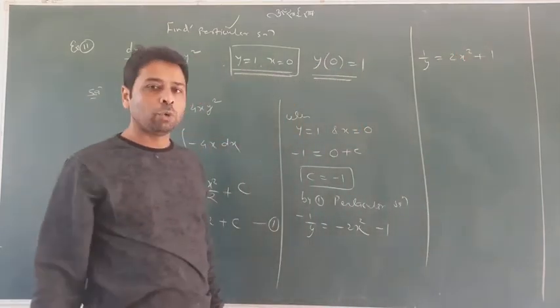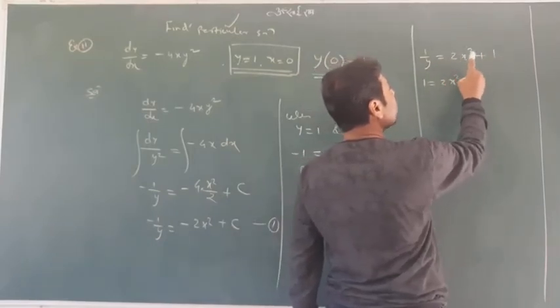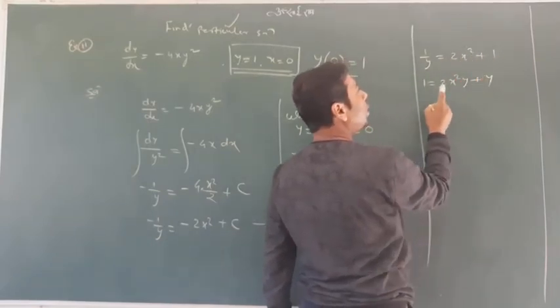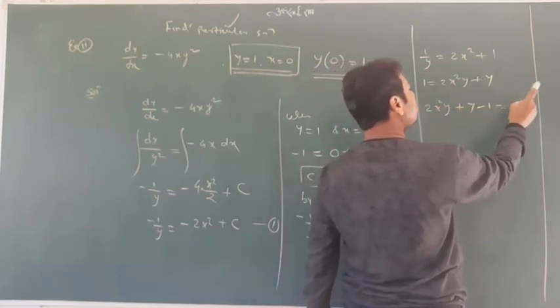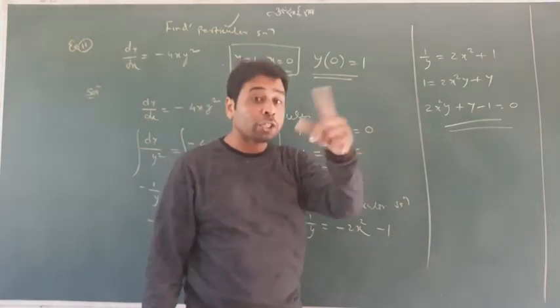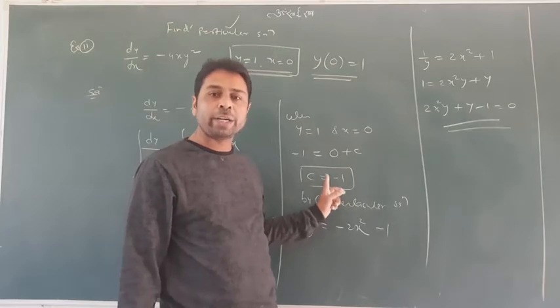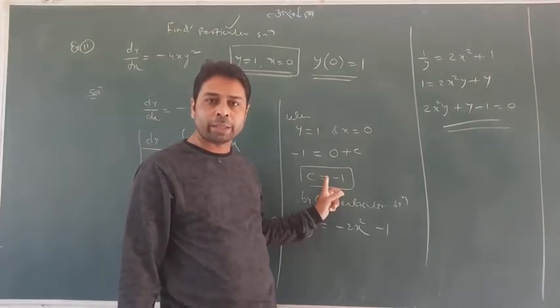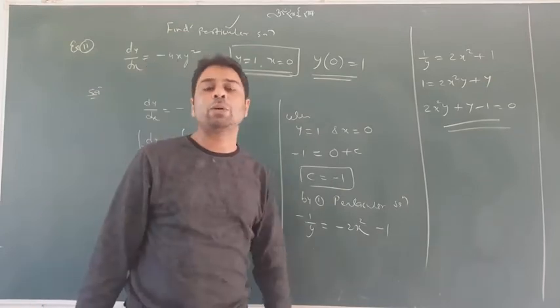You can also transfer y there: 2x square y plus y. You can also write 2x square y minus 1 equal to 0. This is the particular solution because there is no constant here. When we had the constant c, we got the value minus 1. After putting c equal to minus 1 in the general solution, it becomes your particular solution.